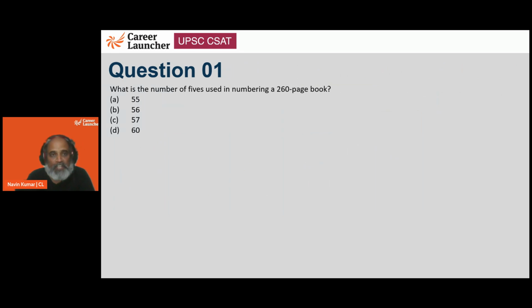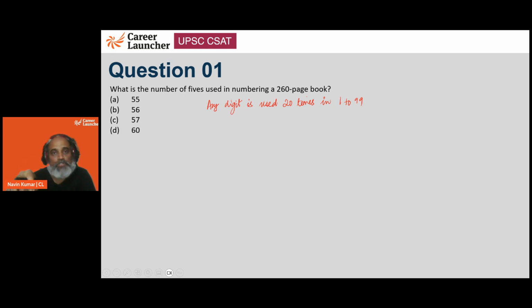What is the number of fives used in numbering a 260-page book? Any digit is used 20 times in 1 to 99.